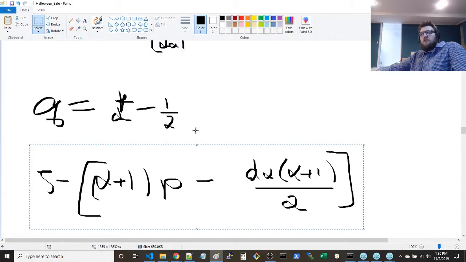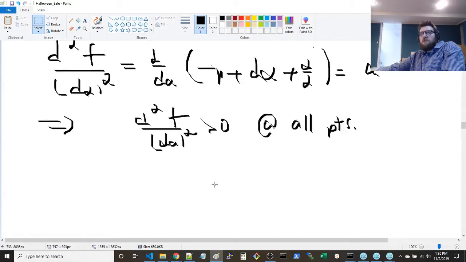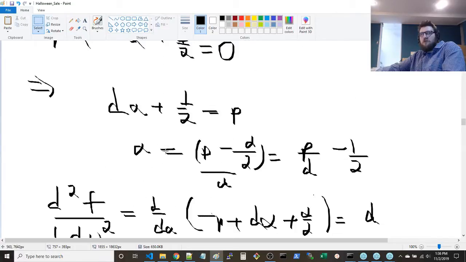This will actually give you the difference, but no. That's what alpha is. We just need alpha. We don't even care what the difference will be. We just want to minimize that difference. So, okay, that's it. P over D minus a half.